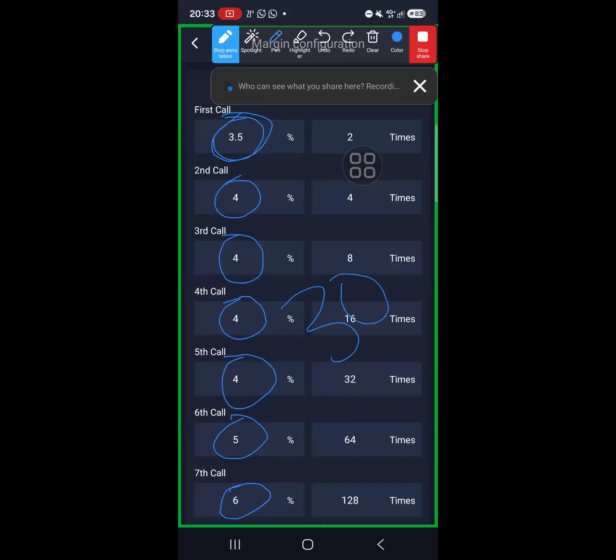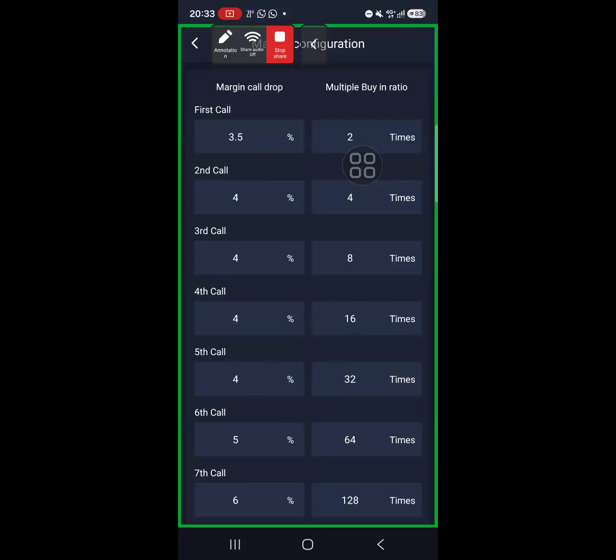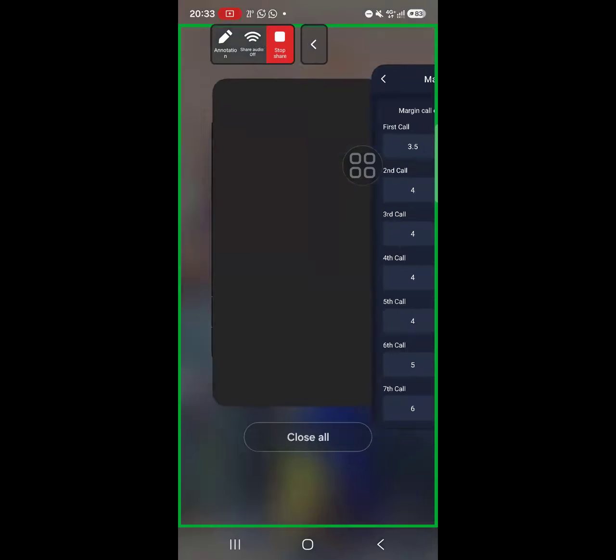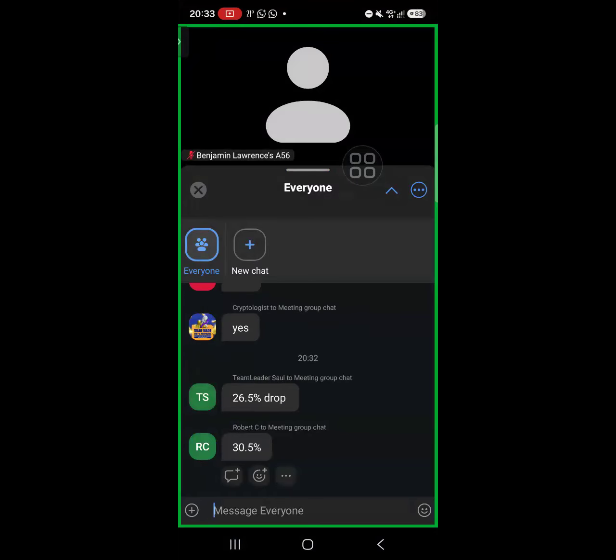Okay. Is it 30 point what? 30.5. Am I correct? When you add these call drops, they are going to give you a total of 30.5%. Am I correct?